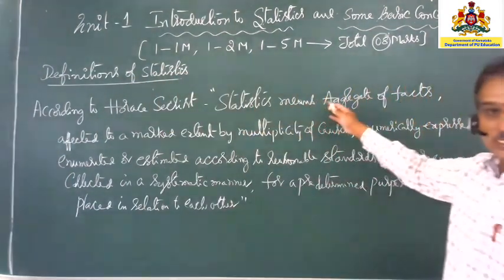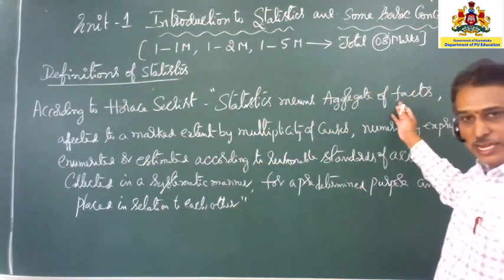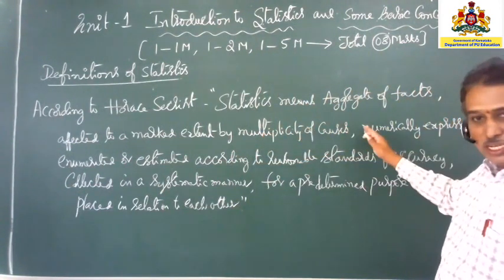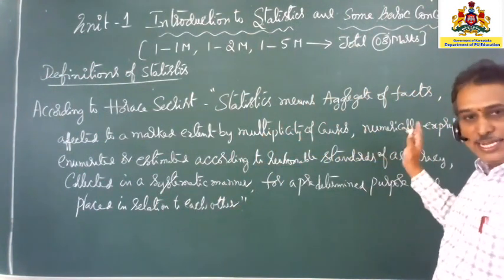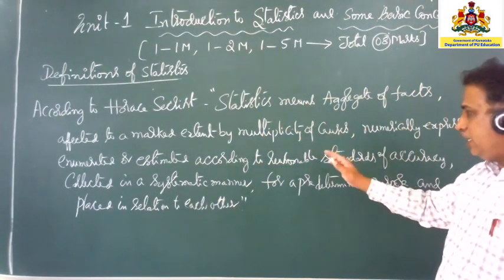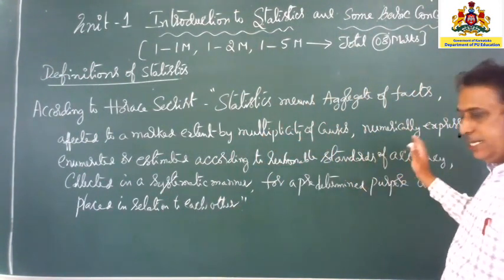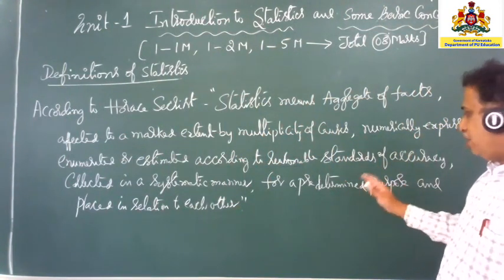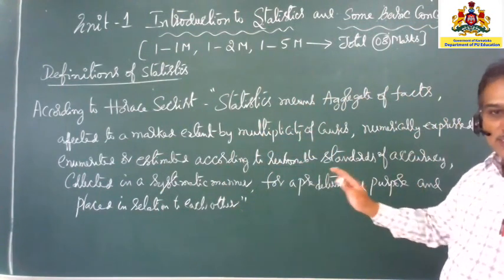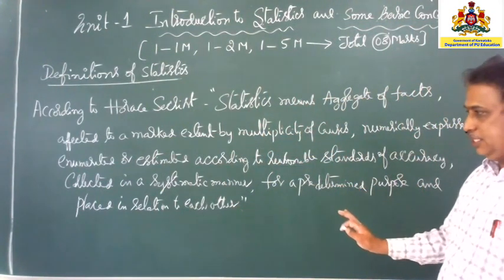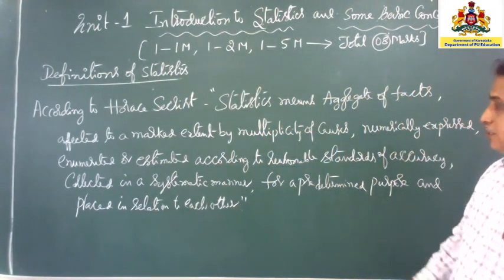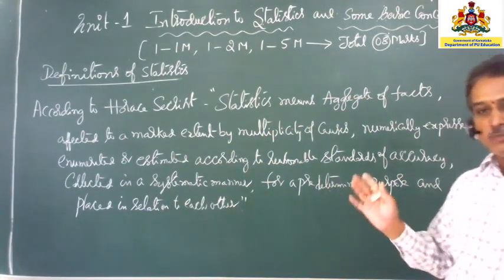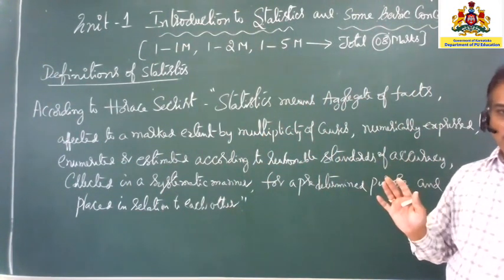Statistics means aggregate of facts affected to a marked extent by a multiplicity of causes, numerically expressed, enumerated or estimated according to reasonable standards of accuracy, collected in a systematic manner for a predetermined purpose and placed in relation to each other. Here he covered all the aspects of statistics.